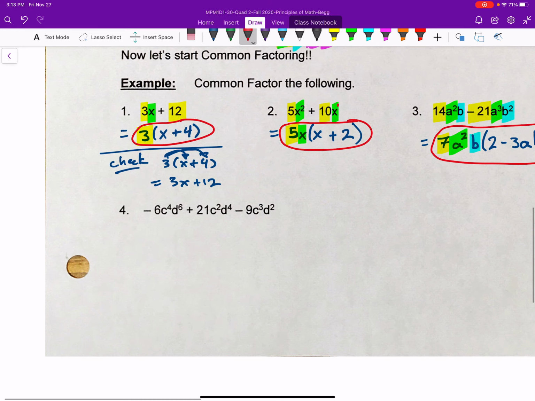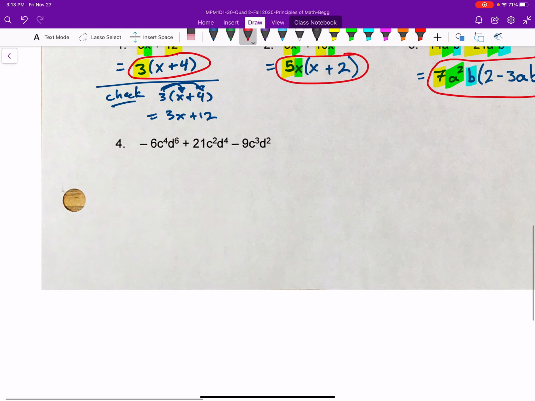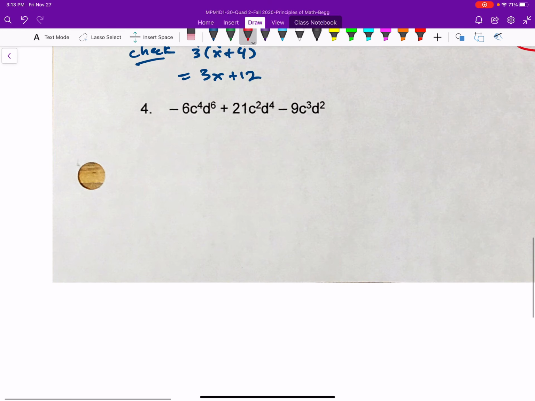Last example looks complicated, but it's exactly the same approach as long as we keep our wits about us. So looking at the numbers, I've got negative 6, positive 21, negative 9. A rule of thumb that we usually follow when we're common factoring is, whatever the first number is, if it's positive, we make our GCF positive.